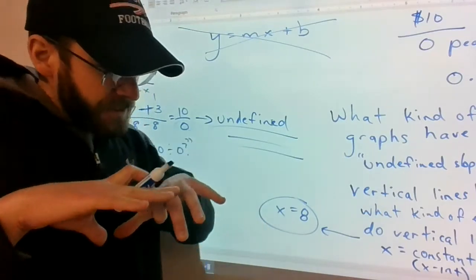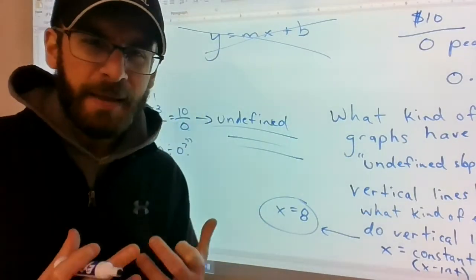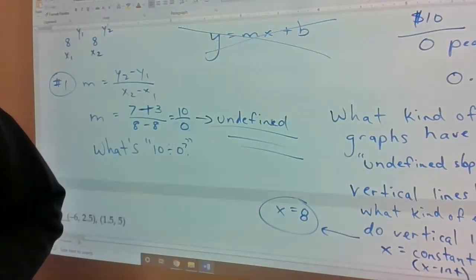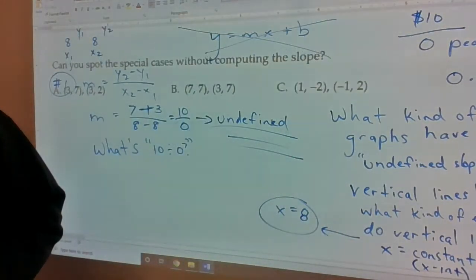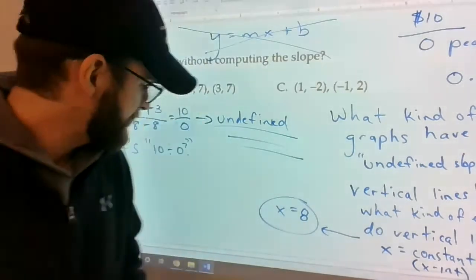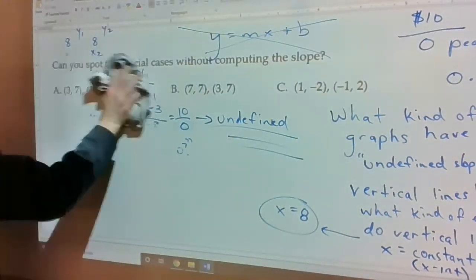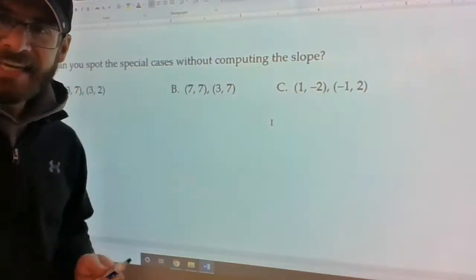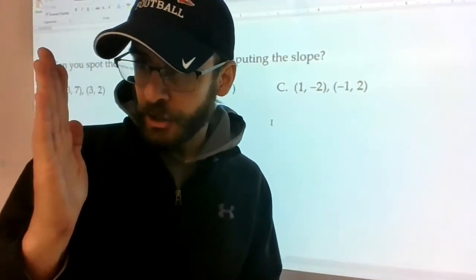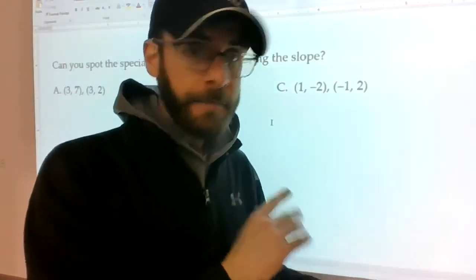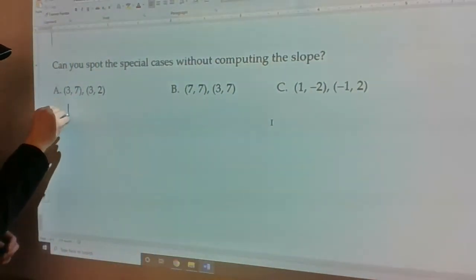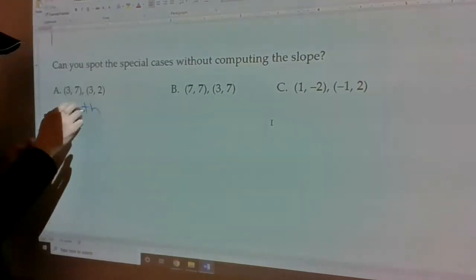So to clarify this, or maybe the better word would be summarize it, can we just come up with a strategy for if we see a special case occur, can we just avoid the whole process of trying to go through y equals mx plus b? Well, look at example A right here.